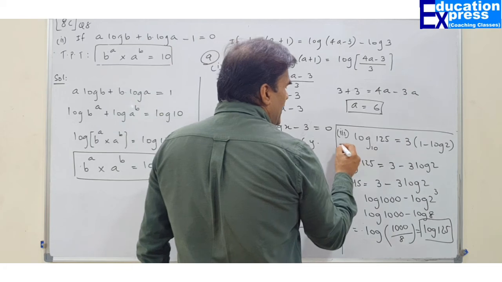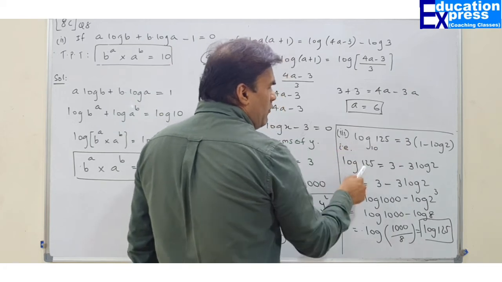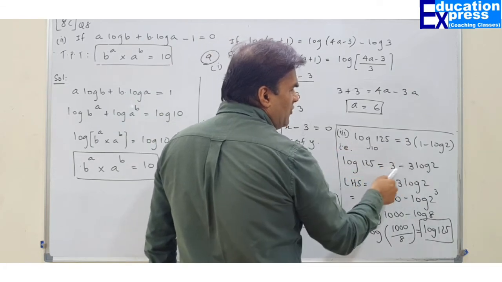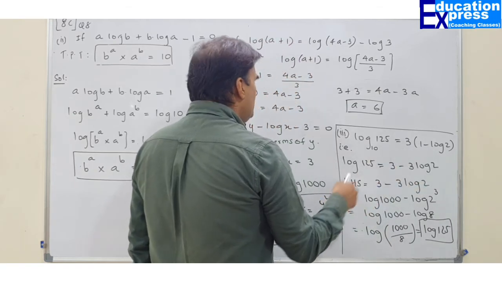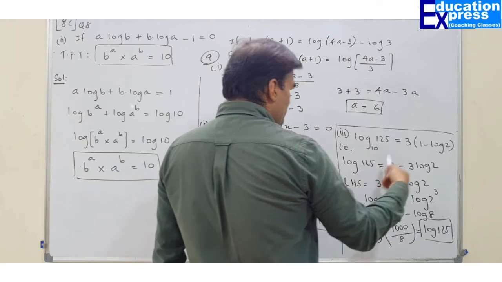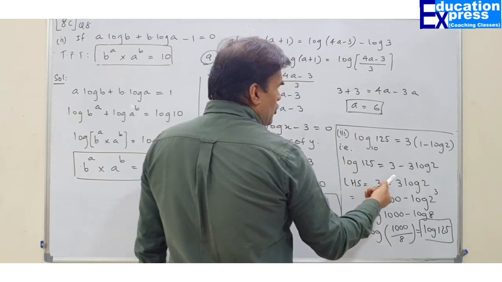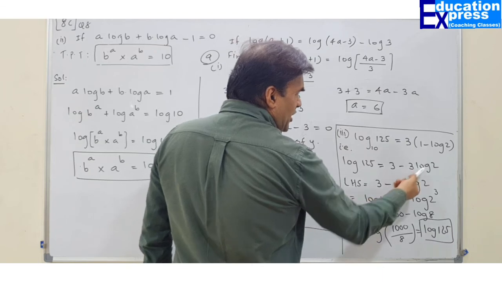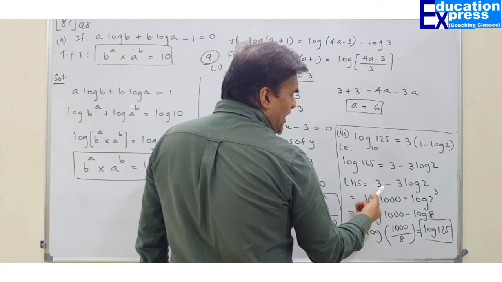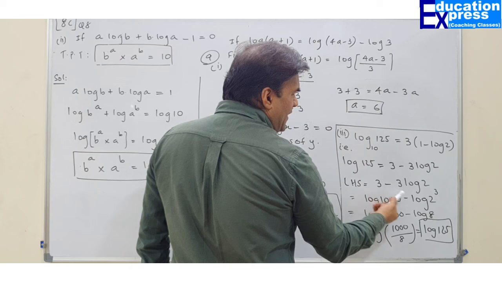That is, we have to prove that log 125 is equal to 3 into log 10 cubed minus 3 log 2. Let us start. We started with LHS. So, 3 minus 3 log 2. 3 can be written as log 1000 minus.